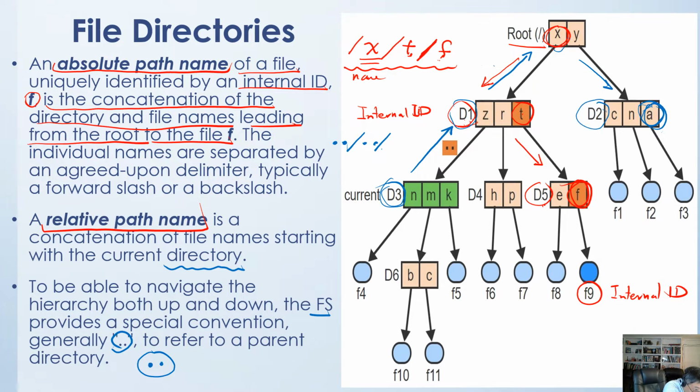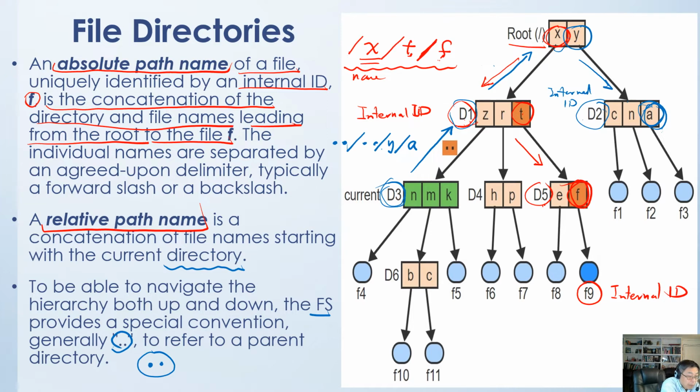Remember, D2 is an internal ID, right? So you have to use the file name for D2. So that's Y. So then you're going to put the Y. Okay. So under D2, then you have a file name A.